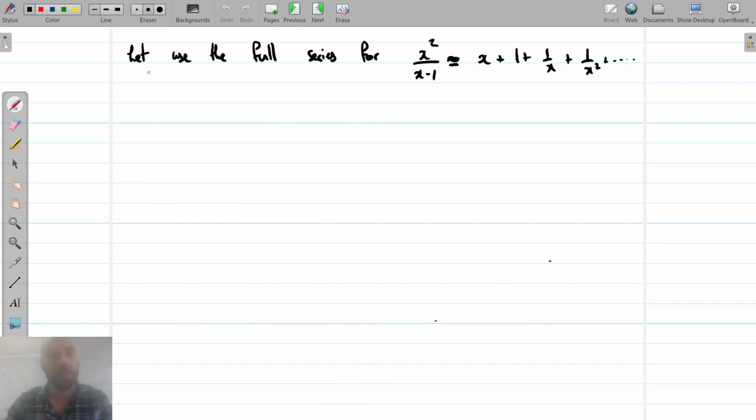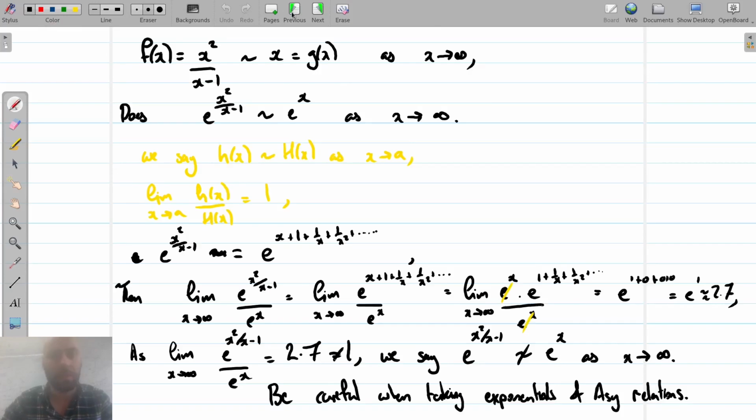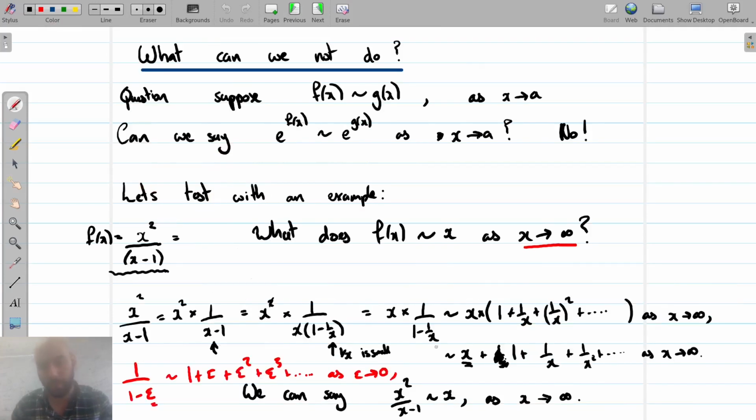So to see when this works, let me just delete this, and let's go back to our first page. We said that the whole asymptotic series was this, and we just used the first term x. Well, what happens if I use the next term?